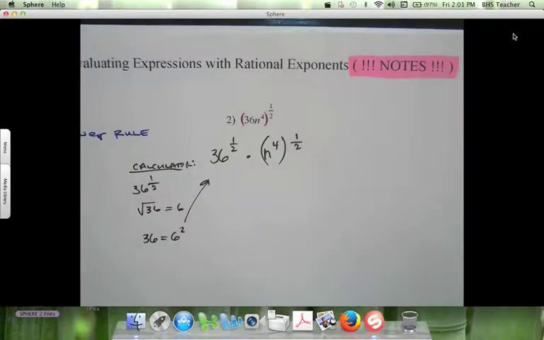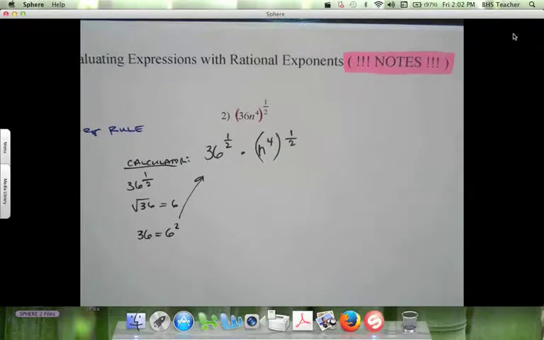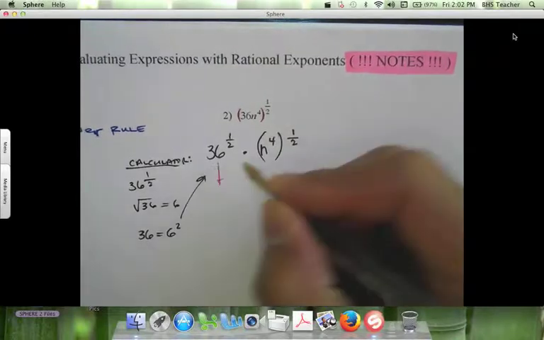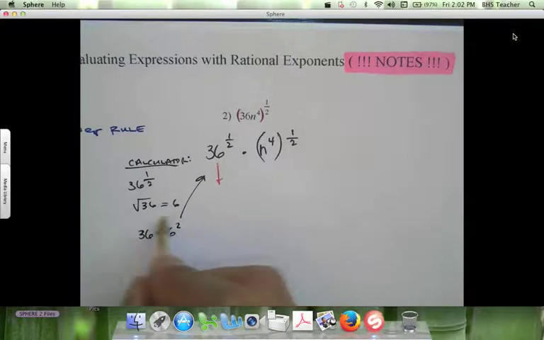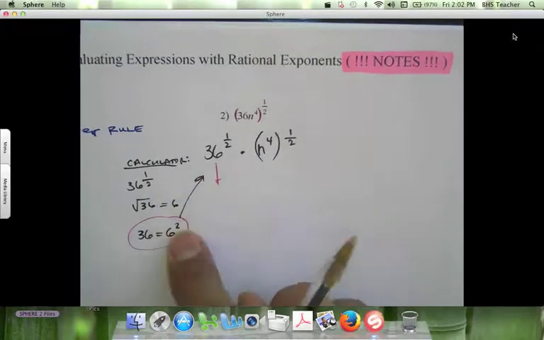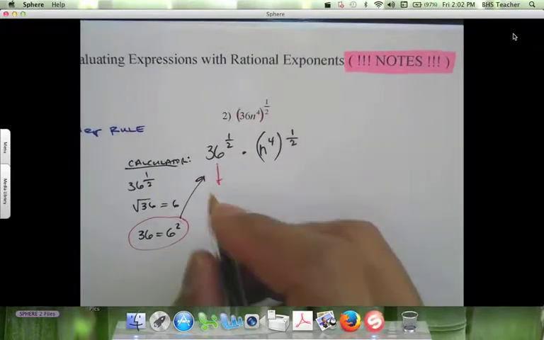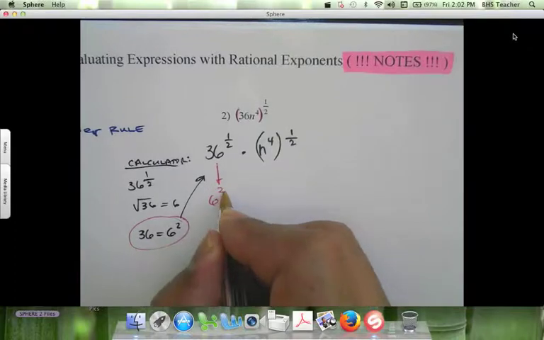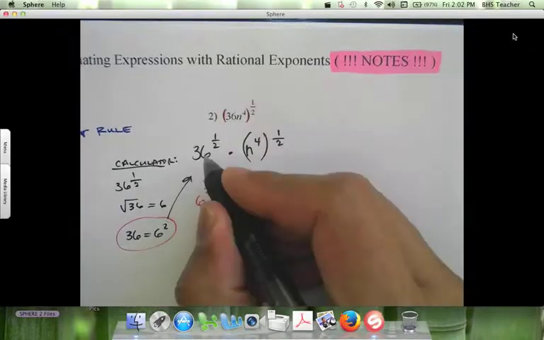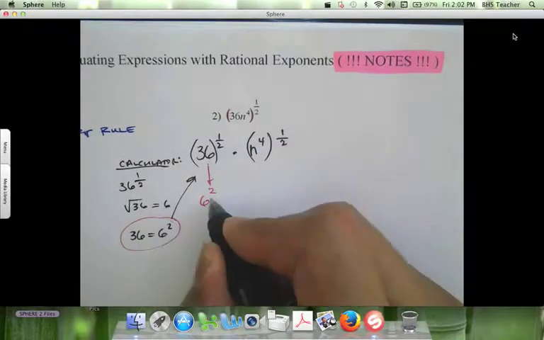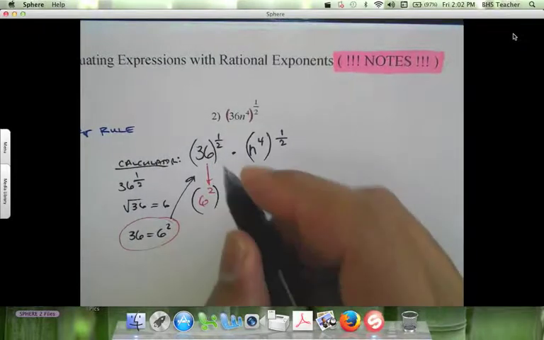So you're going to replace 36 with 6 squared. And you still have this 1/2 out here.